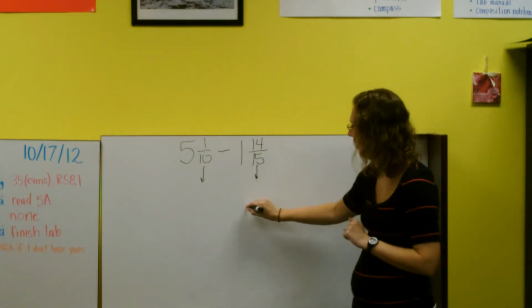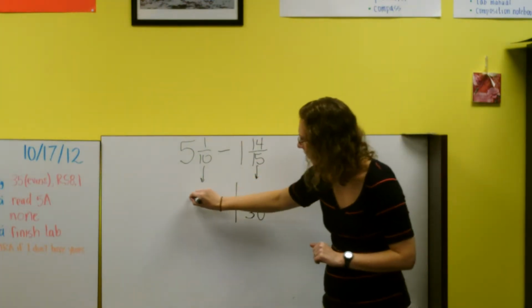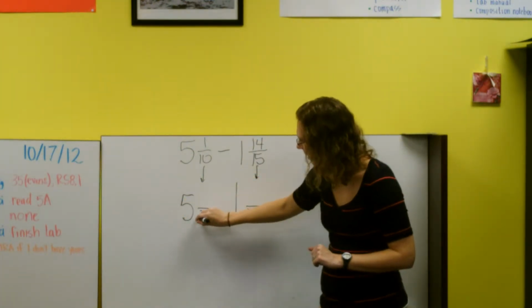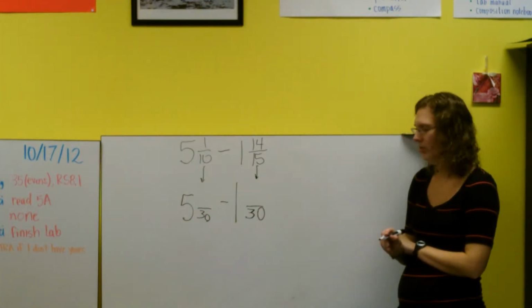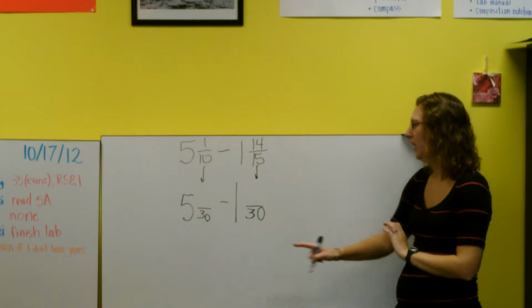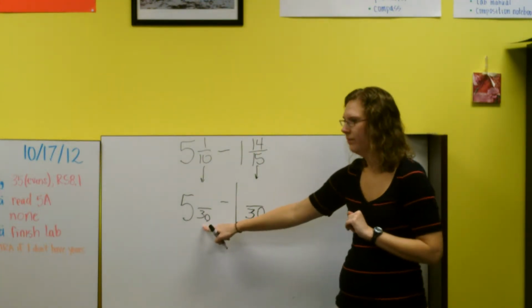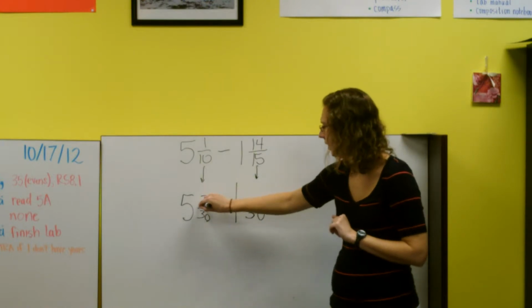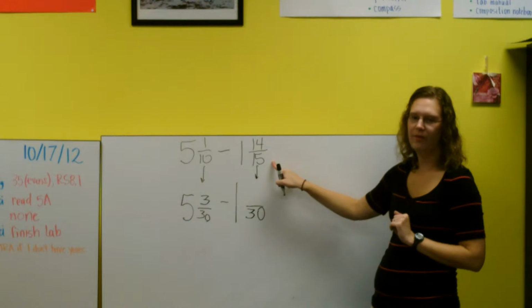30? Perfect. I think 30 is a great one. Okay? So, we can drop our whole numbers, right? And then we need to make this into 30ths. So, Destiny, how many 30ths would 1/10 be? 3. Portia, how many 30ths would 14/15 be?